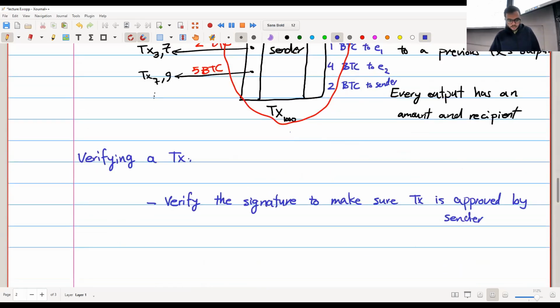So check identities of all inputs, basically. For every input in this transaction, I have to check that it has the right identity.